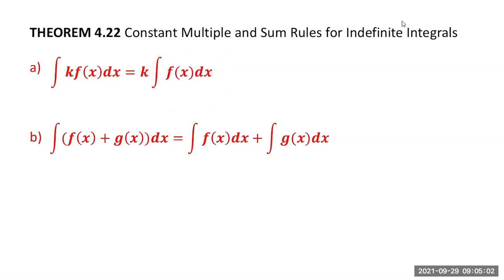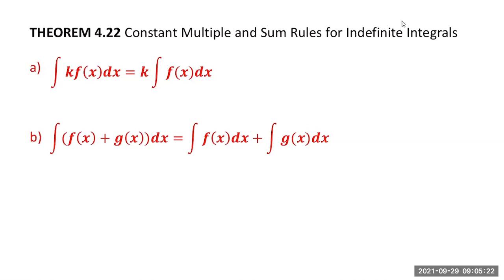All you do is you work this constant out. We did a similar formula when we were doing definite integrals. Here also that formula is valid. If you have a constant multiplied by a function, you can pull that constant out. This is the constant multiple rule.